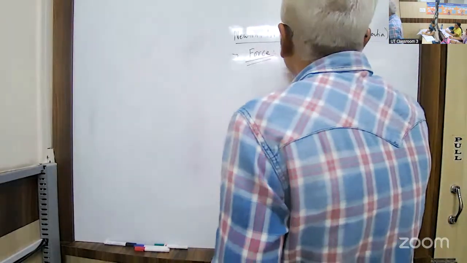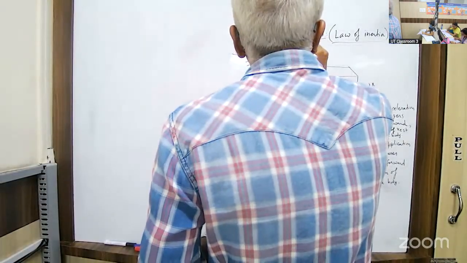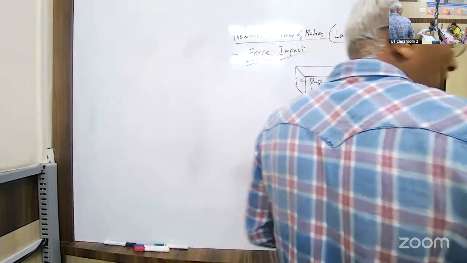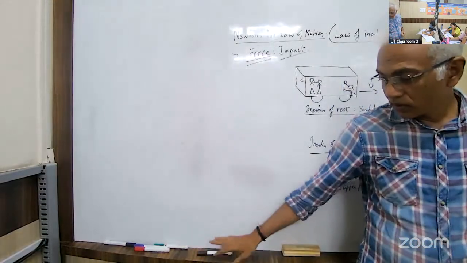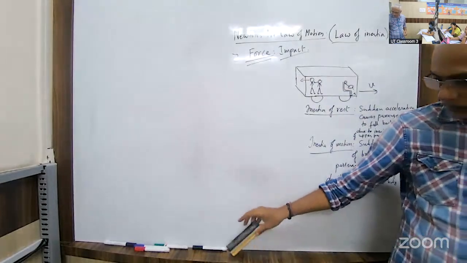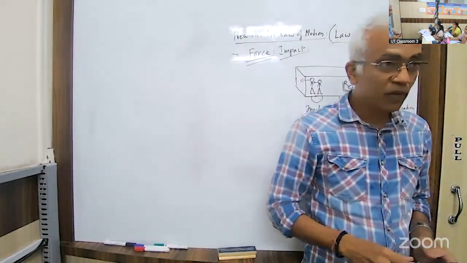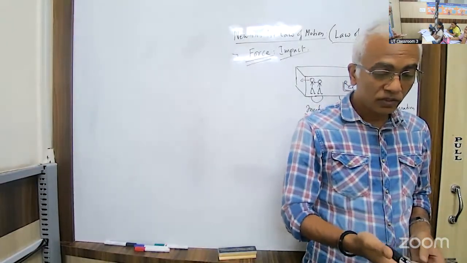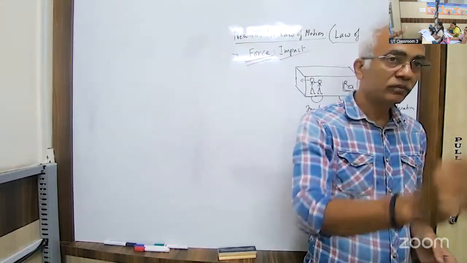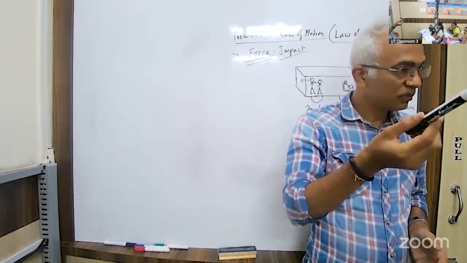So force is basically what? It is impact. Now let's talk about impact. What will this impact depend on? Let's say I gently throw this pen at you. You will experience some impact.